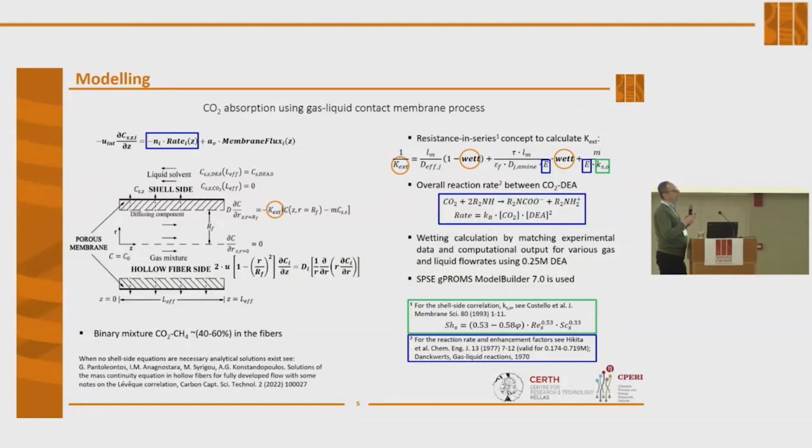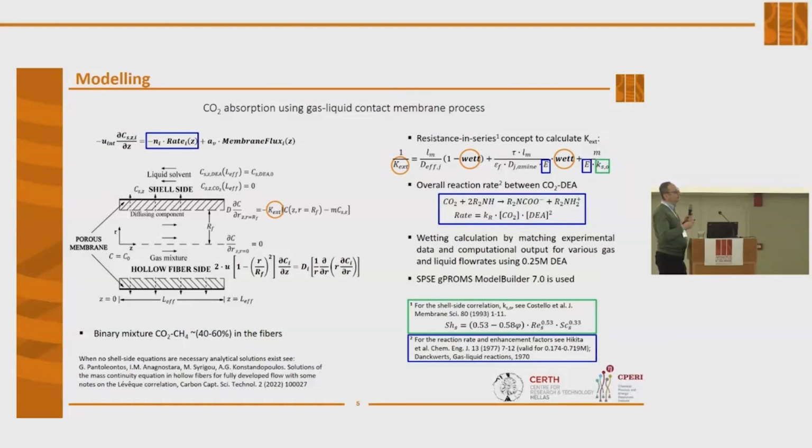The notion of a partially wetted mode of operation stems from the fact that there is a discrepancy between the experimental results and the so far developed mass transfer models and correlations.